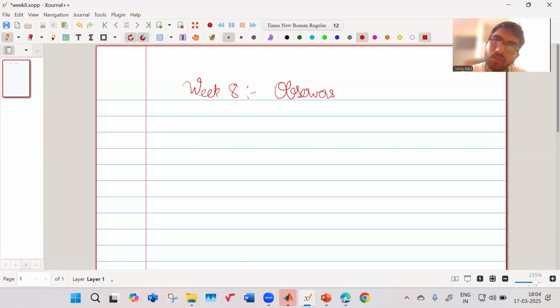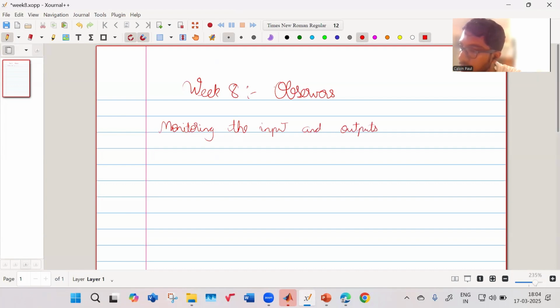So in the perspective of a dynamical system, what an observer is doing is monitoring the input and outputs of a system. As you are monitoring this input and output of a system, what is the objective of your observer? The observer estimates the states of the system.